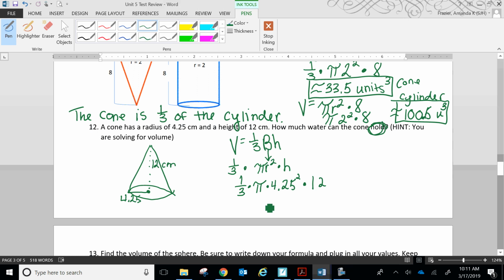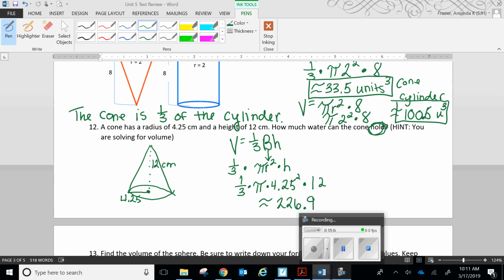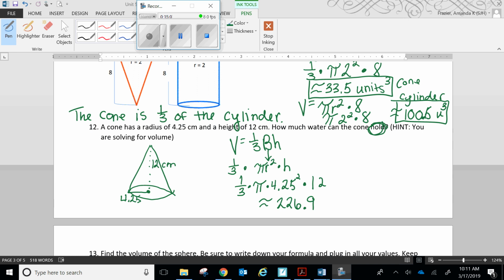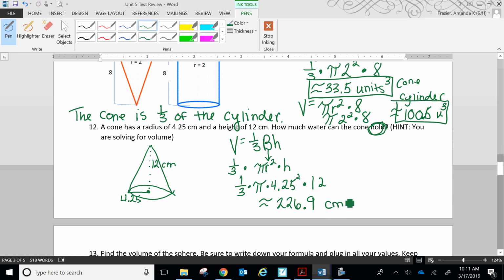And I get approximately 226.9. And this would be labeled centimeters cubed, or cubic centimeters.